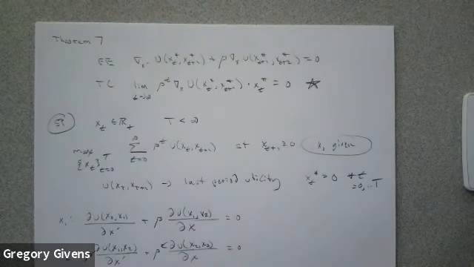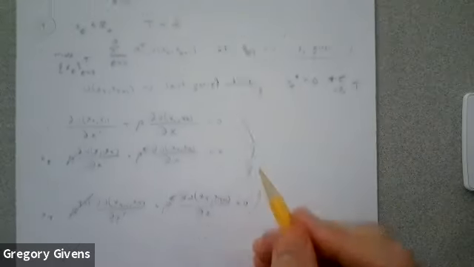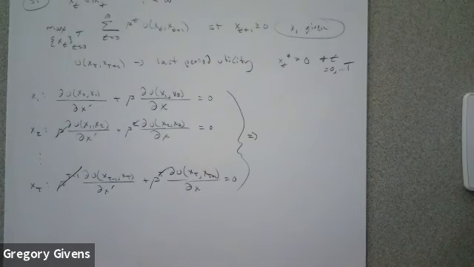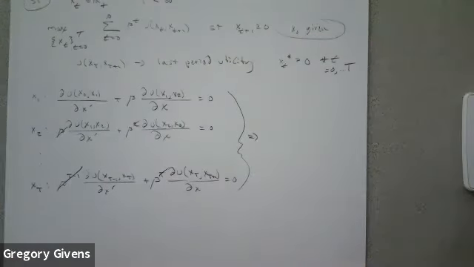And in this case, beta to the T minus 1 would actually cancel. And what are you going to be left with?